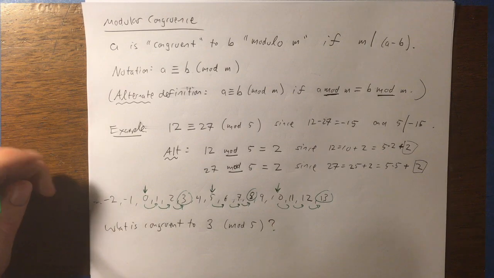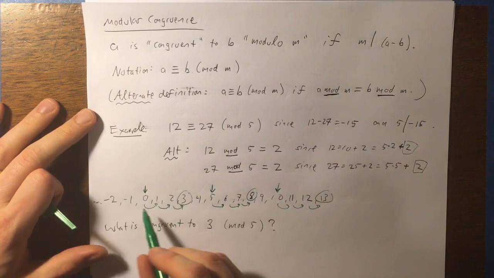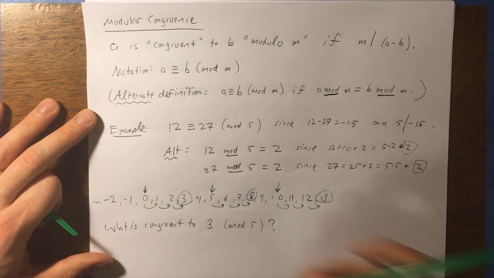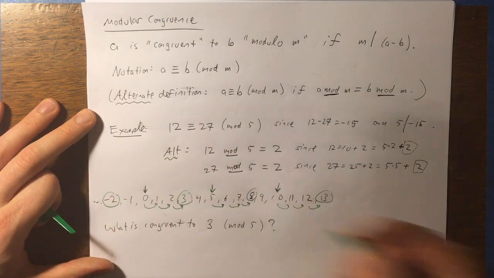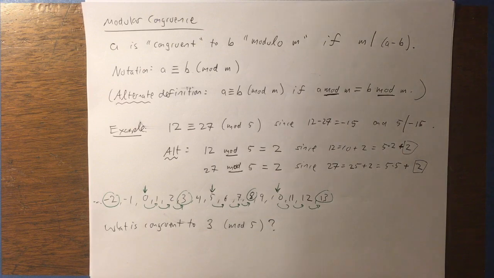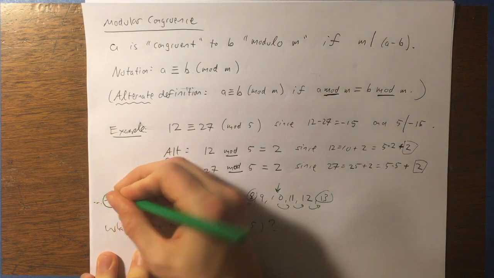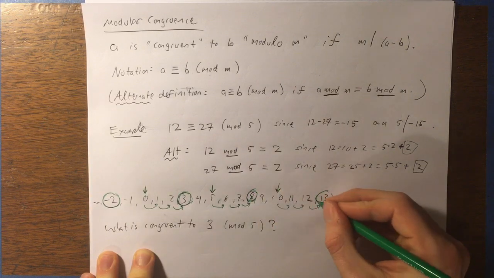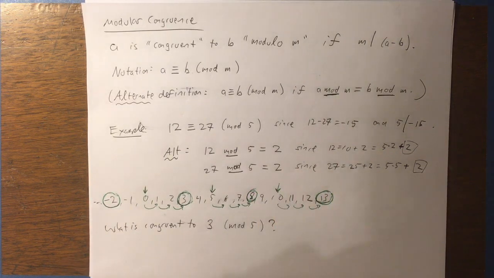What else is congruent to 3 mod 5? Not only is it 3 more than a multiple of 5, it's 2 less than a multiple of 5. So in fact, negative 2 is also congruent to 3 mod 5. All these numbers that I've circled are congruent to 3 mod 5. In fact, they're also all congruent to each other, because this is the type of thing that is transitive, which means that if a is congruent to b and b is congruent to c, then a is also congruent to c.